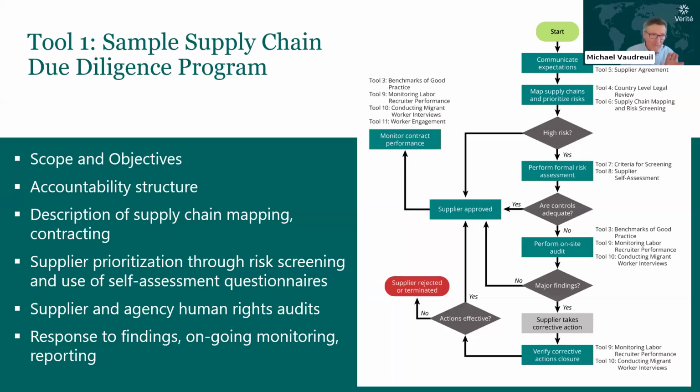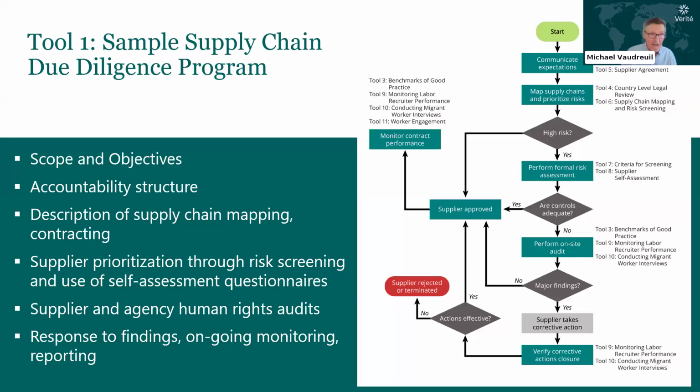You can see here the main steps of a supply chain due diligence process are listed, and how each of the tools in the toolkit support those processes. So, it starts with communicating your expectations to suppliers. Well, that's where Tool 2 for the code, and Tool 3, the benchmarks, all of those come into play.